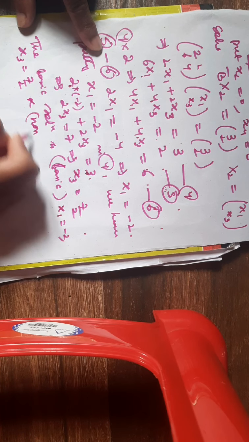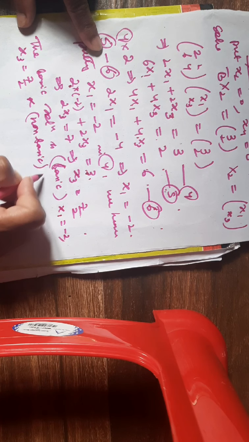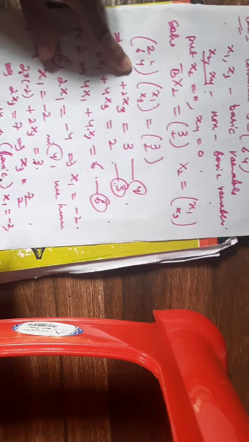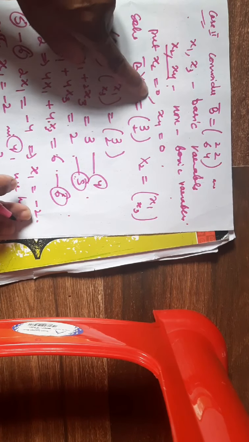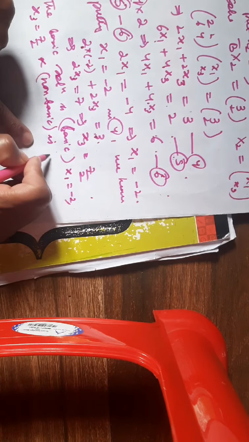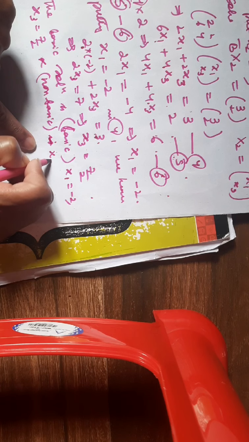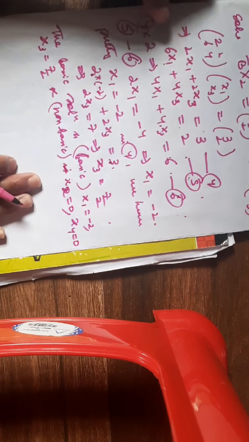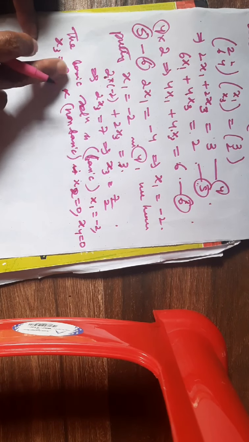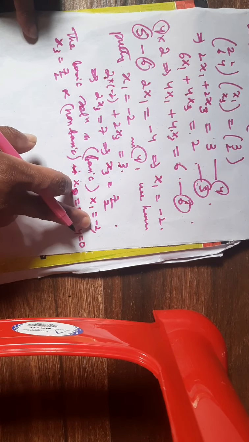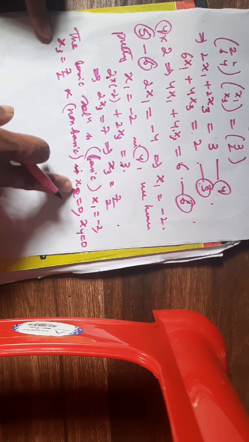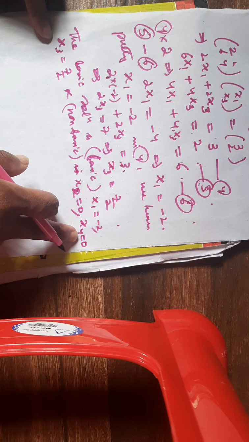And the non-basic variables here are x2 and x4, and we set these two as 0. So non-basic is x2 equal to 0, x4 also equal to 0. Now this solution, the basic solution, is x1 is equal to minus 2, x3 is equal to 7 by 2, and the non-basic x2 is equal to 0, x4 is equal to 0.